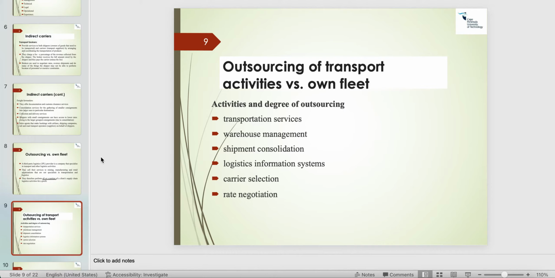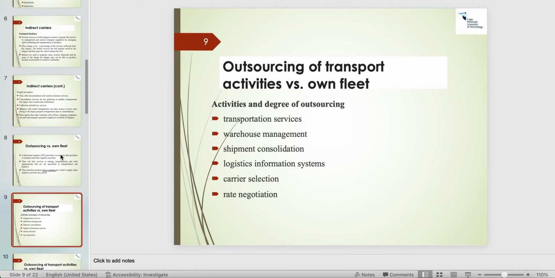So the most commonly outsourced logistic functions are transportation services, warehouse management and shipment consolidation, which are some of the activities or degrees of warehousing. Other functions also include logistic information systems. They do carrier selection, they negotiate the prices, they also do product returns.